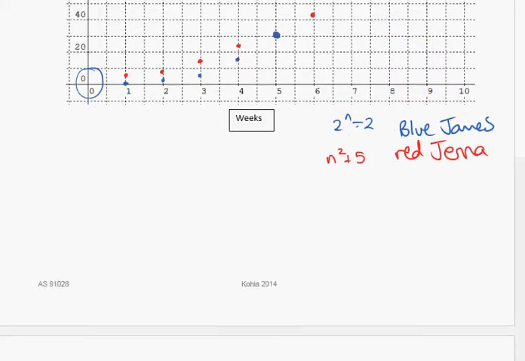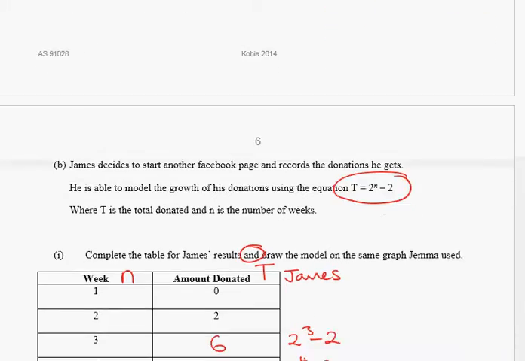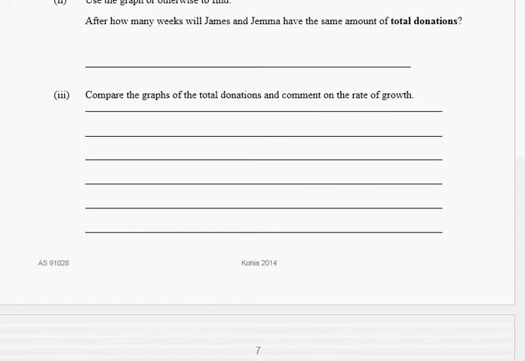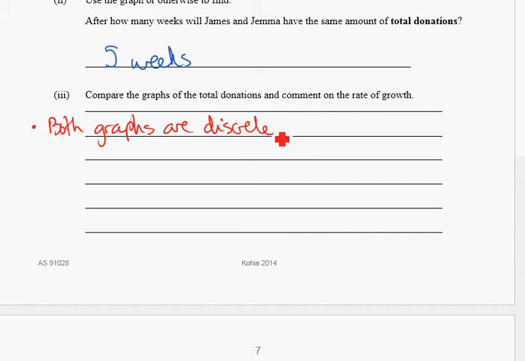Right, so let's see what we could have written. That one we answered. Now just do your best here. Both graphs are discrete, using whole weeks.